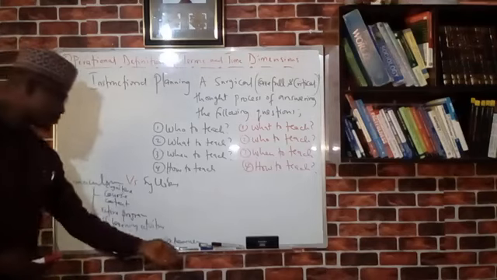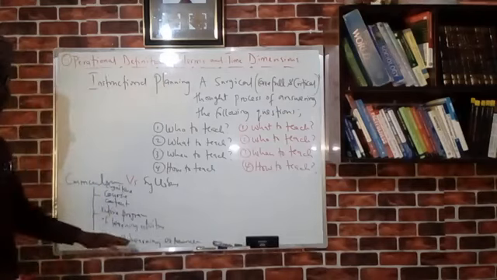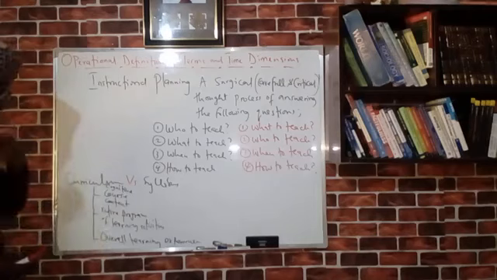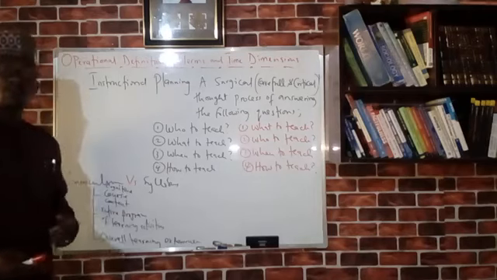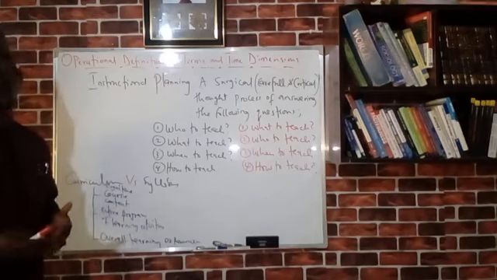Whilst curriculum, according to some authorities, includes the overall learning experience. So what it means to say the overall learning experience is that both the planned and unplanned is part of the curriculum of the school.